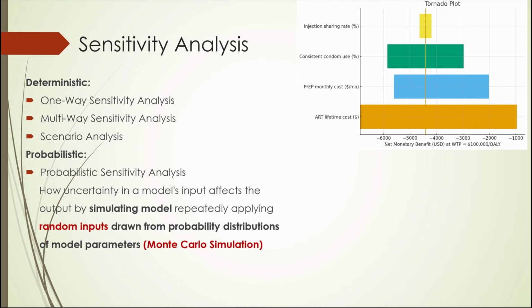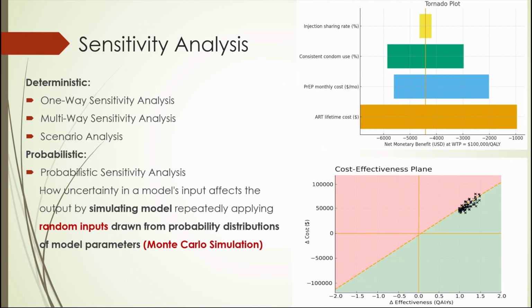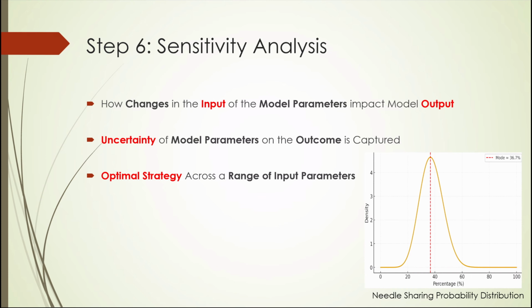And probabilistic sensitivity analysis is even more interesting because we are able to see how uncertainty in a model's input affects the output. Do you remember the previous slide where we had uncertainty over a model parameter?